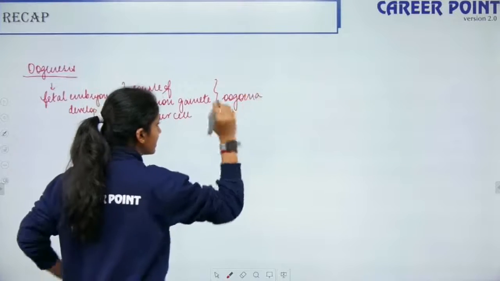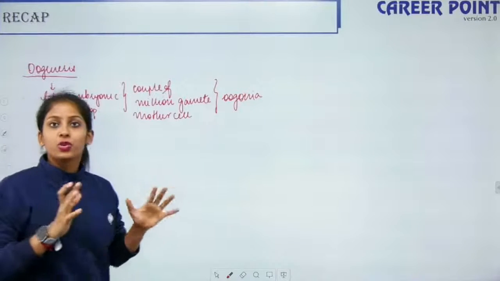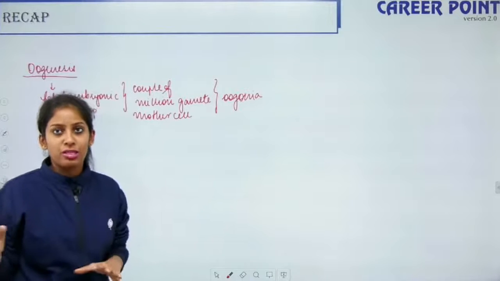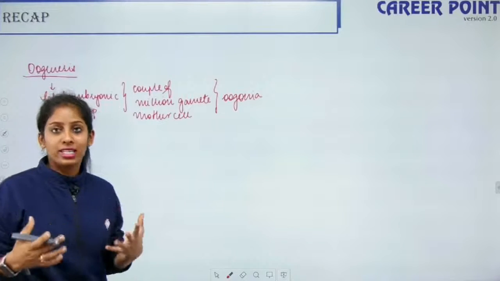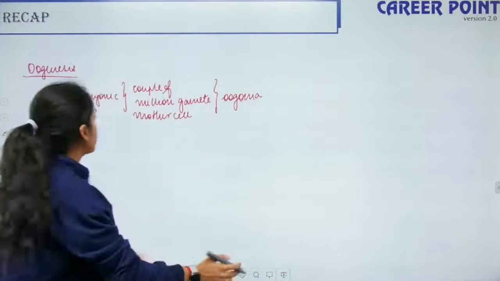It is only these cells that will be present throughout the entire lifetime of the female. No more cells are added or formed later.